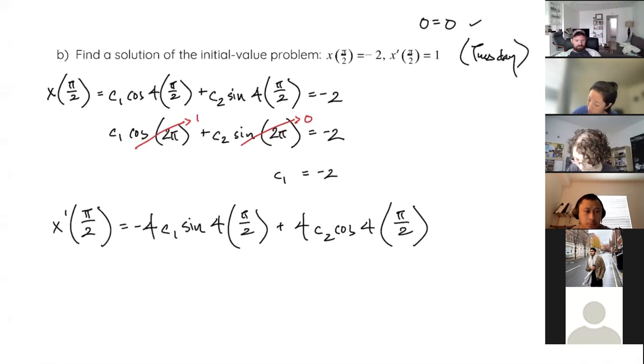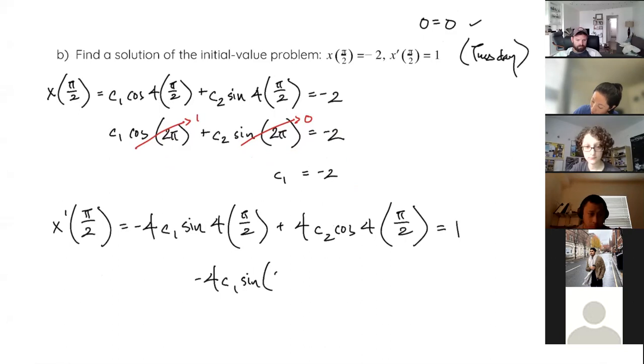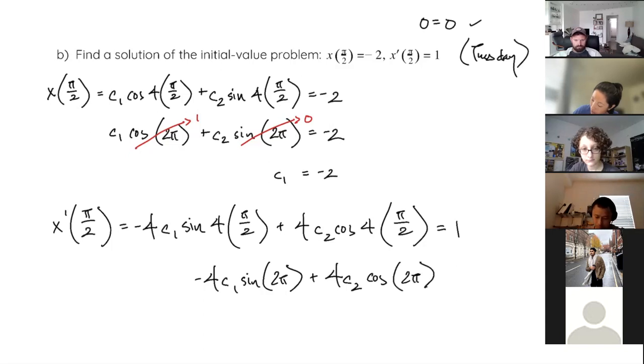And we know, according to our initial condition, that that's going to equal 1. And so before we substitute in our C1, let's see what else cancels out as we replace those values. And I think we'll end up with -4 C1 sine of 2 pi plus 4 C2 cosine of 2 pi equals 1.